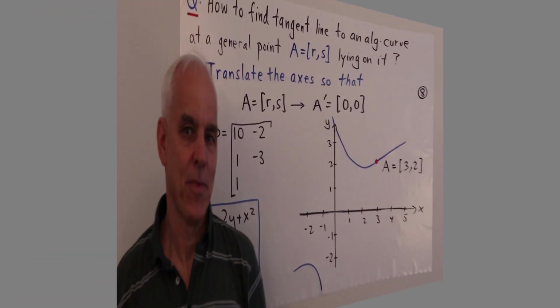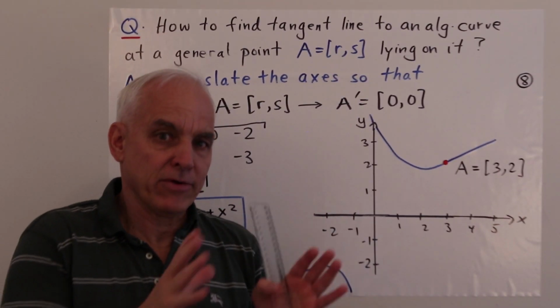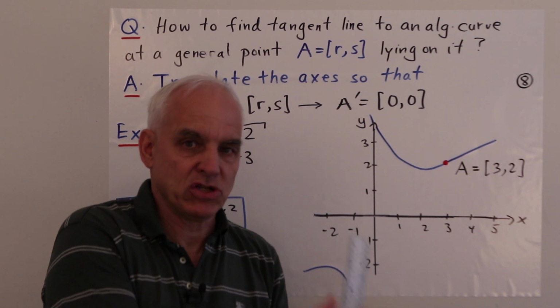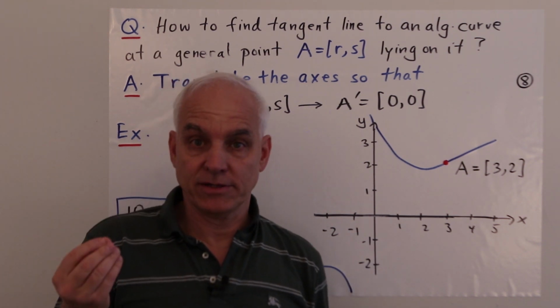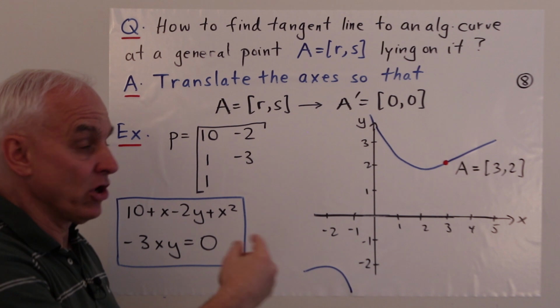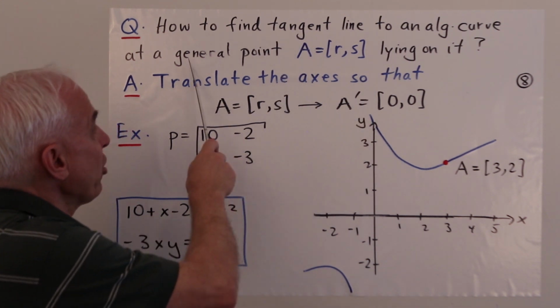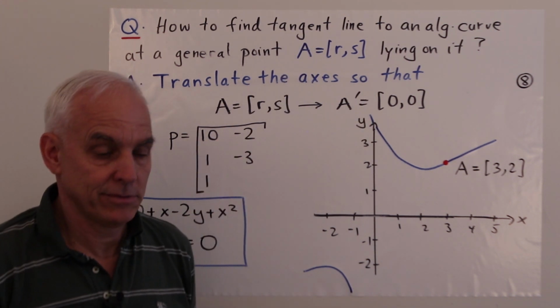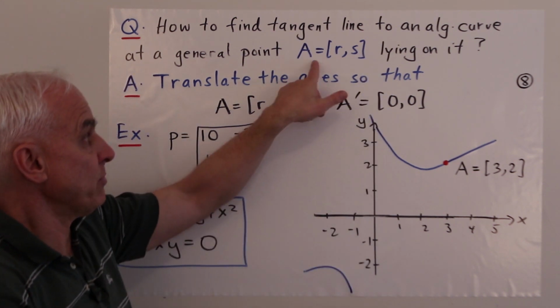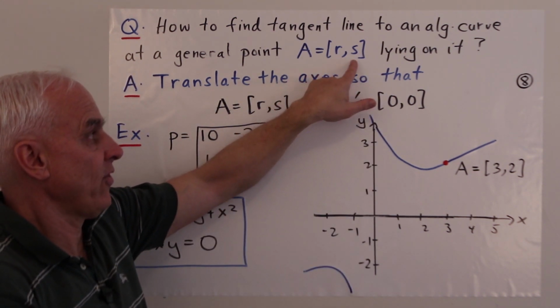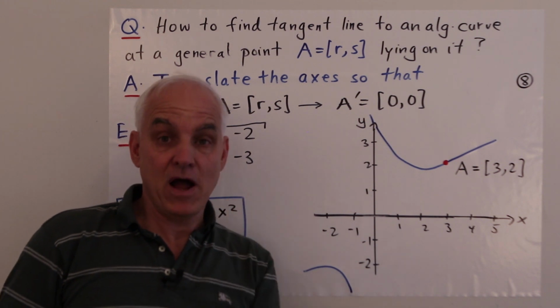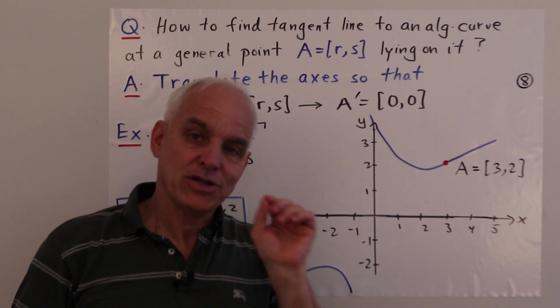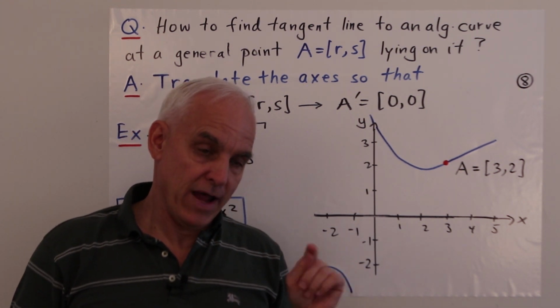It's a truncation. All right, so how do we use that very special situation to deal with the general case? To define and determine a tangent line to an algebraic curve at a general point on it. So we have a general algebraic curve and some general point A, R, S lying on it. And we want to know how we're going to define and compute the tangent line to the algebraic curve at this point.